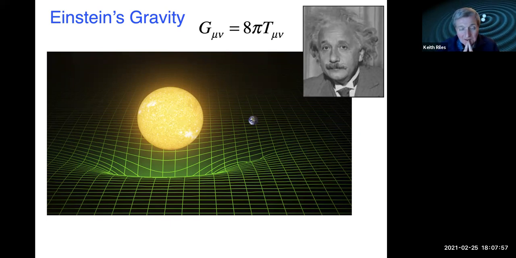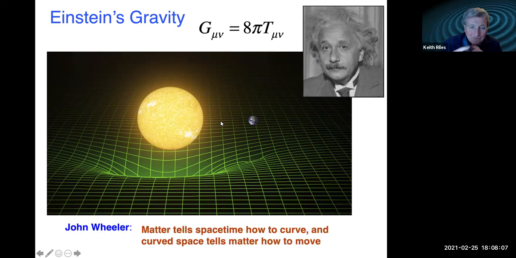But nonetheless, one can derive Newtonian results in limits. I don't want to go into this kind of mathematics here, but let me just say that qualitatively, you can summarize this using the words of John Wheeler, the fellow who invented the phrase black hole. Matter tells space-time how to curve, and then curved space tells matter how to move.